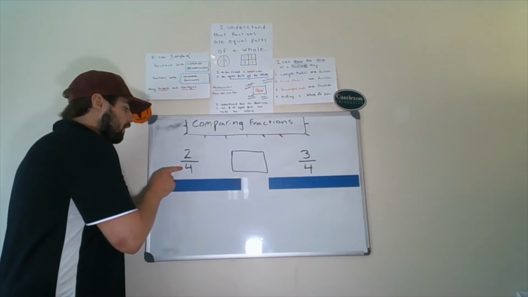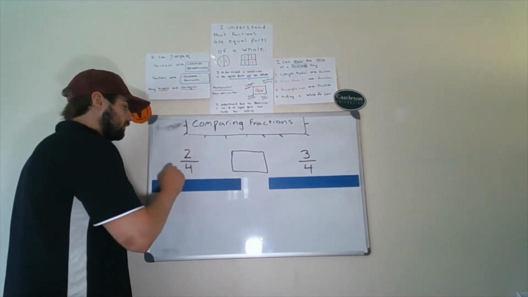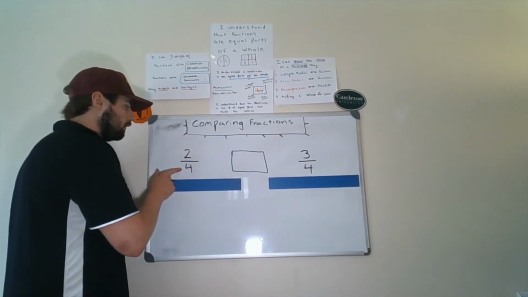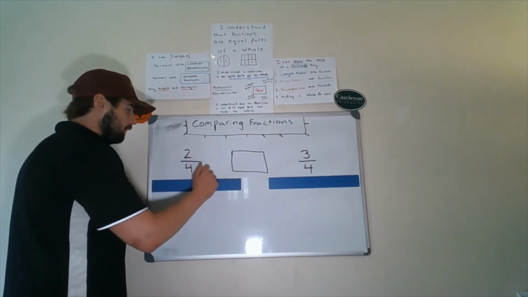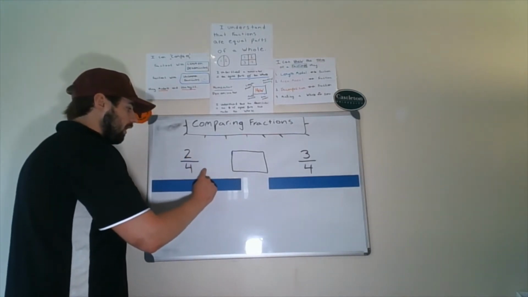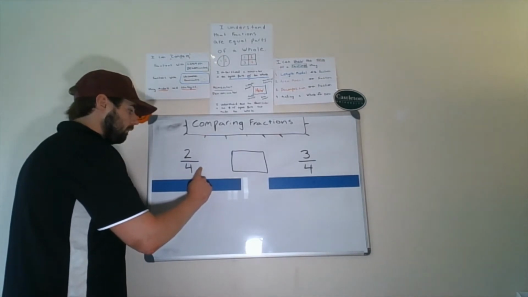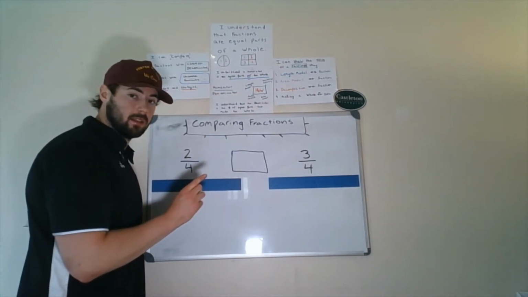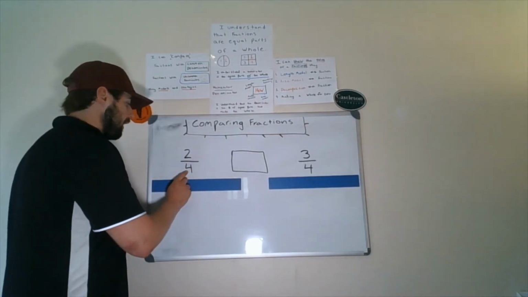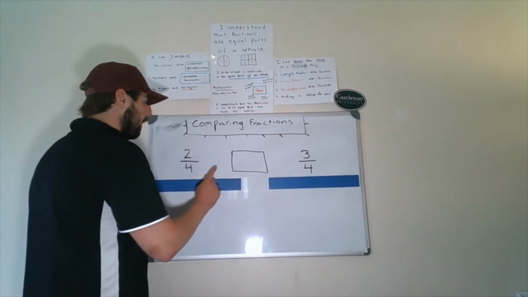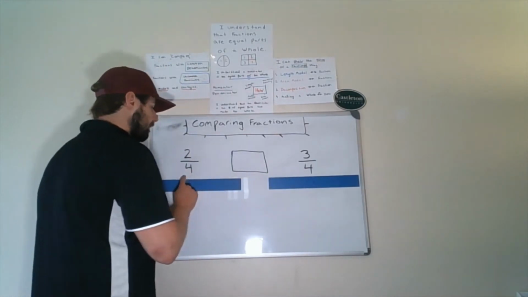Well, we know that when we're looking at a fraction, such as 2 over 4, we have our numerator on the top and the denominator on the bottom. So when we're comparing common denominators, we're talking about our denominators being common.